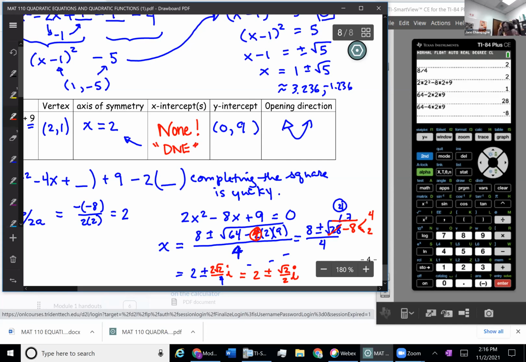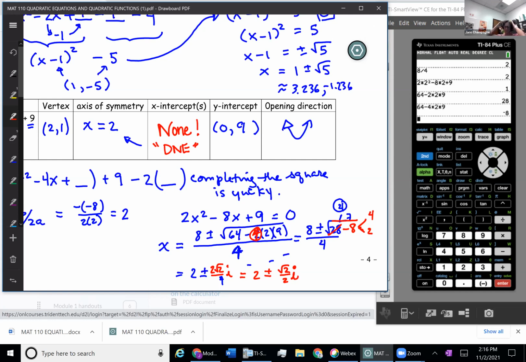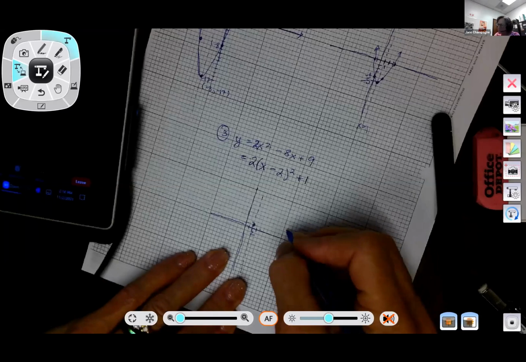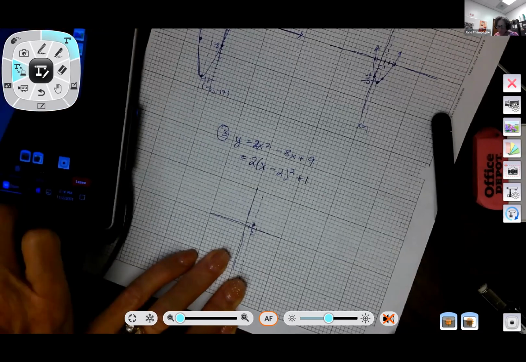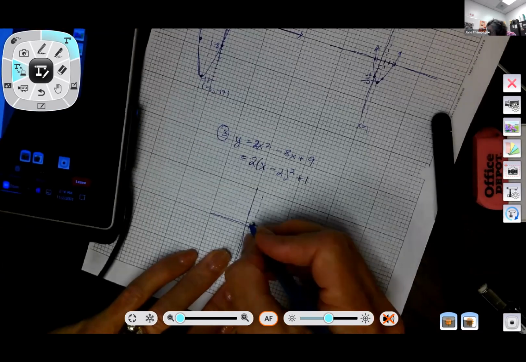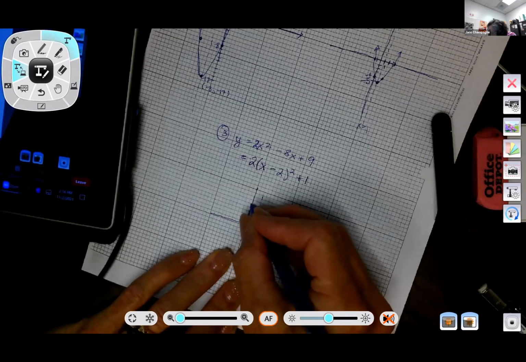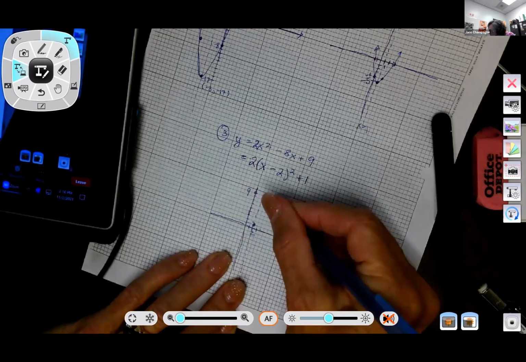Okay, that's better. Sorry about that. I see it's good to graph something and make sure that everything works out. So back to this one. All right, so yeah, no x-intercepts because we have a y-intercept at 0, 9, and counting over gives us a mirror image of that over here.